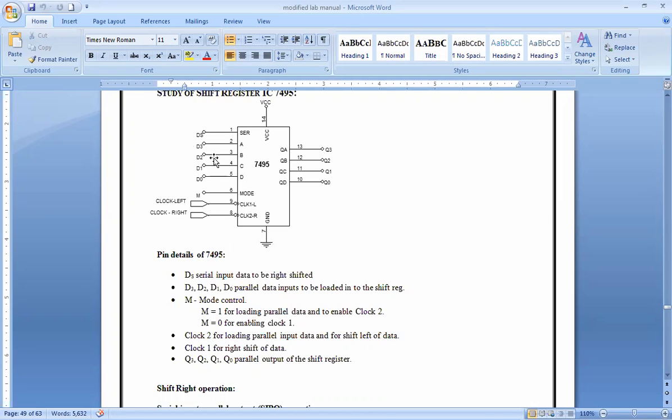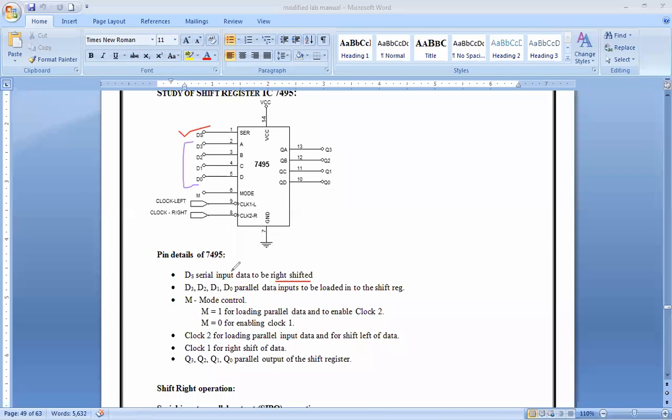Now D3, D2, D1, and D0 are your parallel data bits, and DS is used for serial input. It will be right shifted.